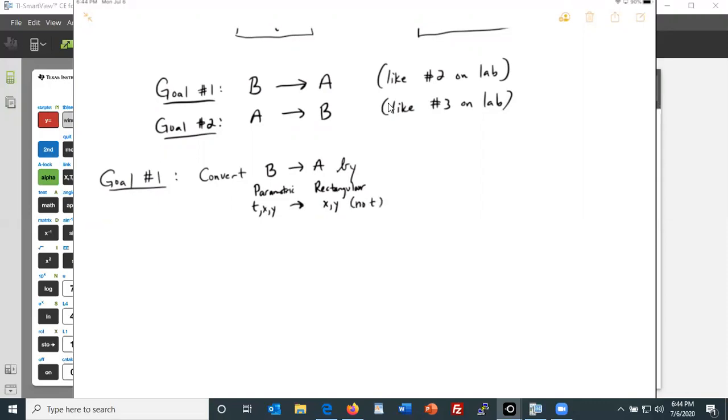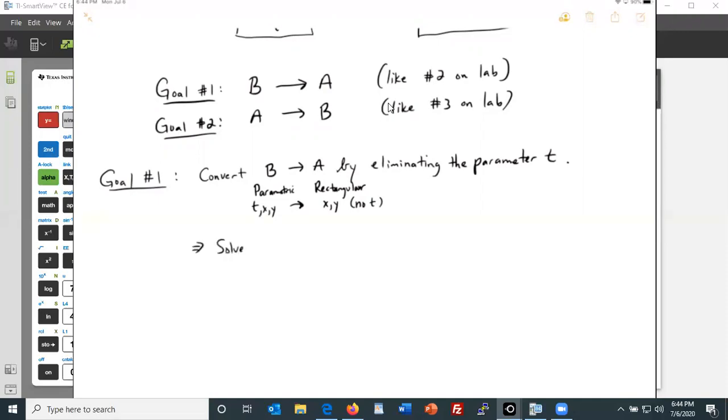So we're going to be converting B to A by what's called eliminating the parameter T. And the way you do that is essentially this.